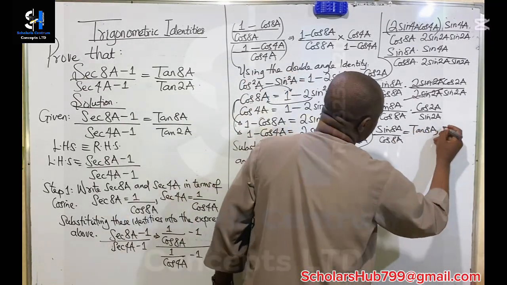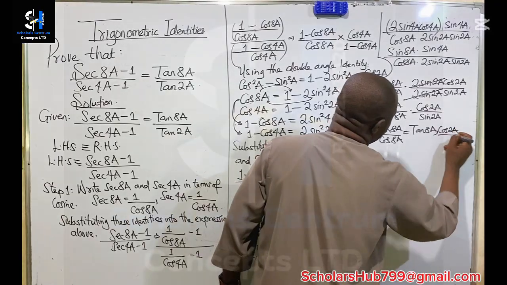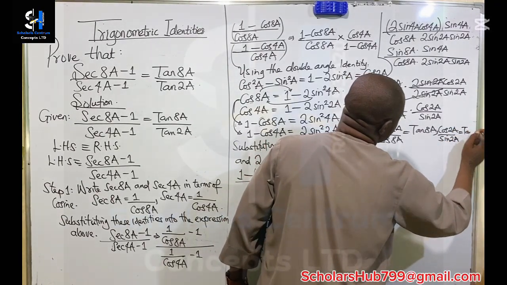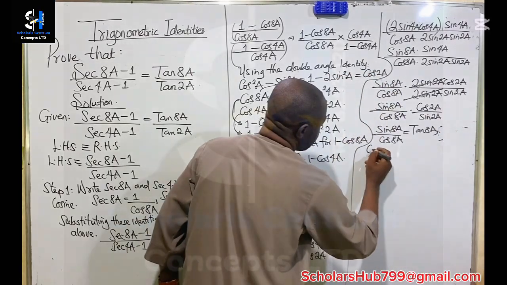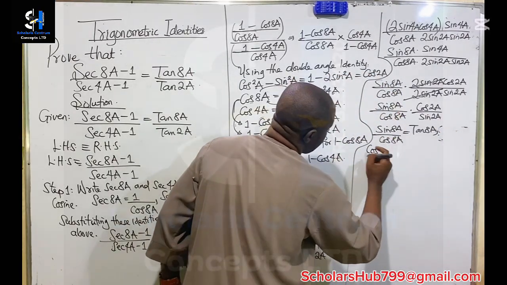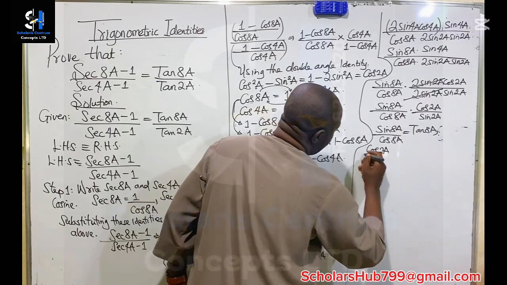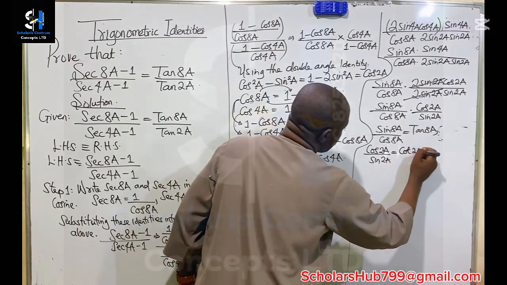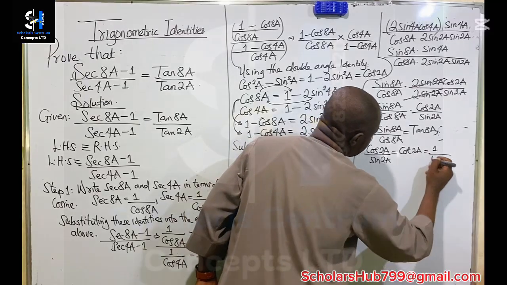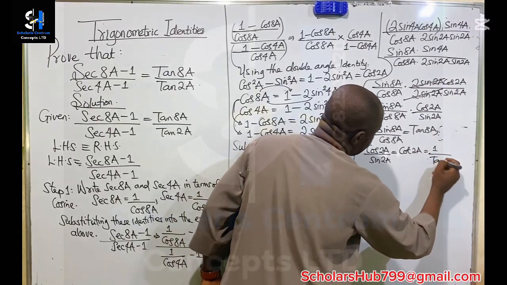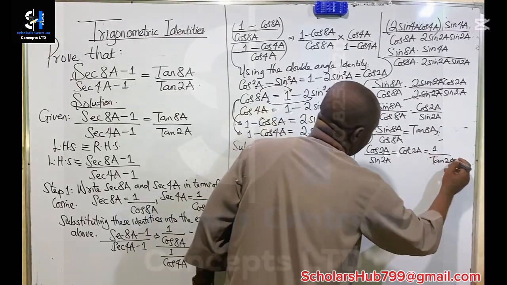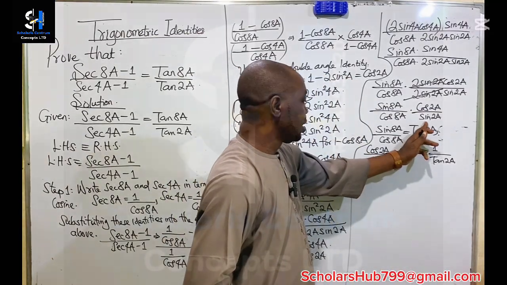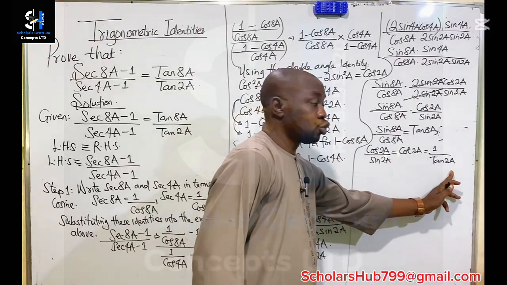Then also cos 2a over sine 2a is cot 2a, which is the same thing as the reciprocal of tan 2a.